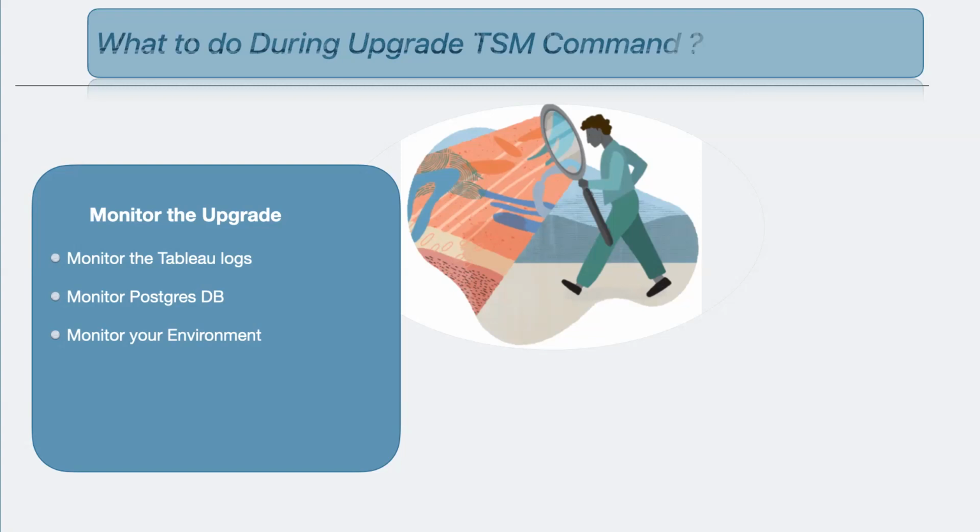You think, okay, we can't do anything, it's running, we have to just wait for that command to finish. This is a really crucial step where a lot of admins miss, and this is where I focus a lot to ensure that there is no failure of the upgrade TSM command.